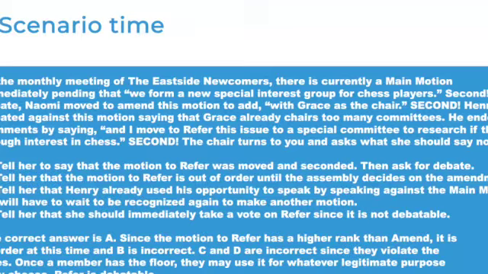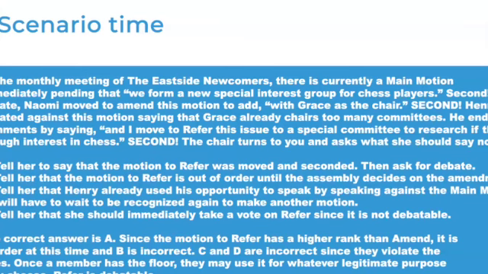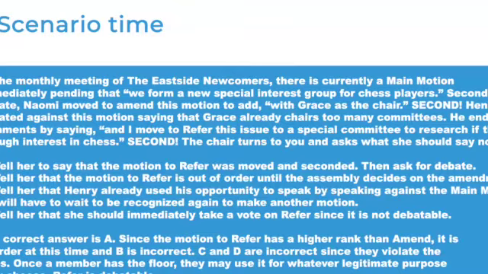So notice what happened in this scenario, and the chair wants your advice as a parliamentarian. So your choices are, and you can see it on the bottom of the screen. A, tell her basically that the motion to refer was moved and seconded, and then ask for a debate. So the correct answer is A, since the motion to refer has a higher rank than the motion to amend.